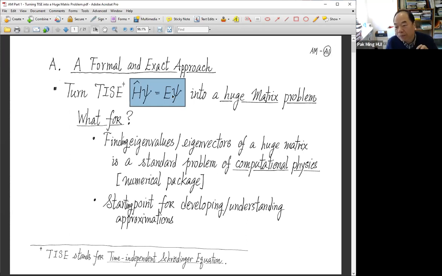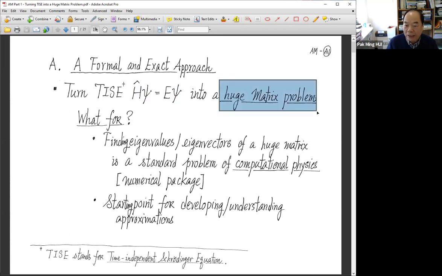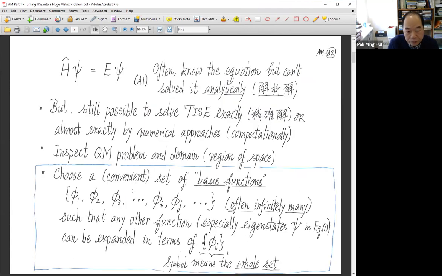We want to do something exact. So how to do it? We want to first turn it into a huge matrix problem, okay? So to start, we need to make a choice.